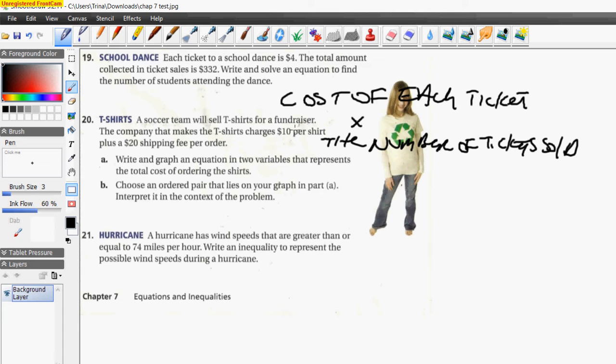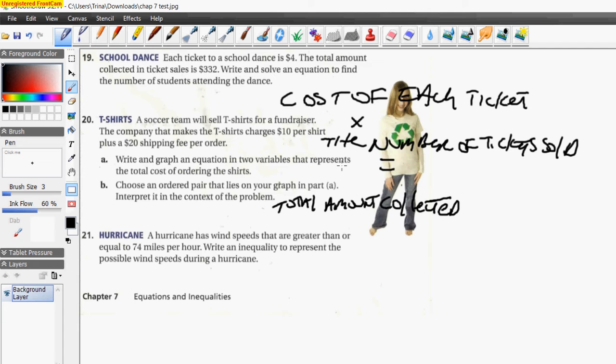We're going to have an equal sign, equals, okay, the total amount. We're going to say total amount, put it right here, collected. It's money collected. Put that right there so you can get it legible.